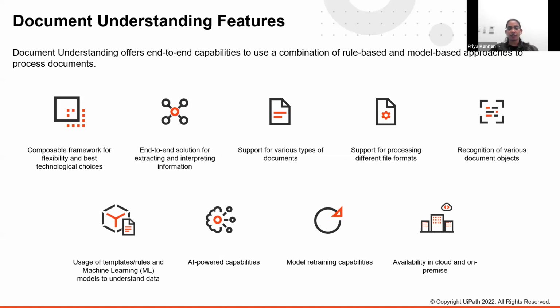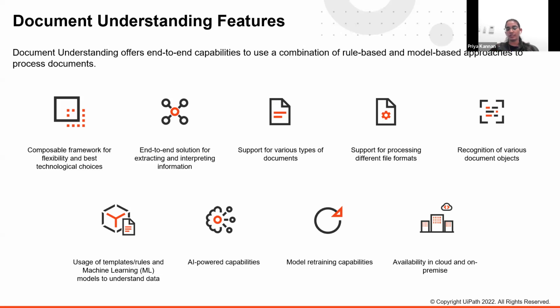Here we have a framework that is composable and can be easily tweaked based on your use case, and an end-to-end solution for interpreting what information we need and what information the bot should look out for. There are various documents that it can process by itself, and various objects like handwritten signatures and stamps; anything you want to look for, it can do. It is powered with AI capabilities and is retrainable.